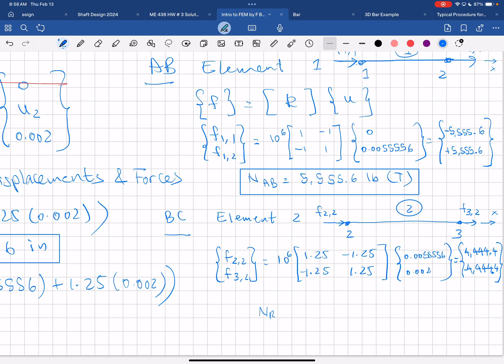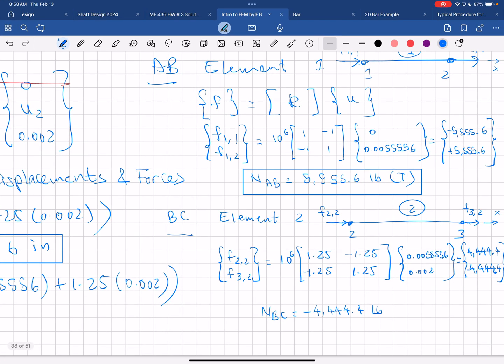And I have a normal force NBC that is equal to minus 4,444.4 pounds, or NBC is in compression, right? So I can say this as a negative sign, or I can write that NBC has 4,444.4 pounds in compression. Same thing, negative sign or compression means the same thing.